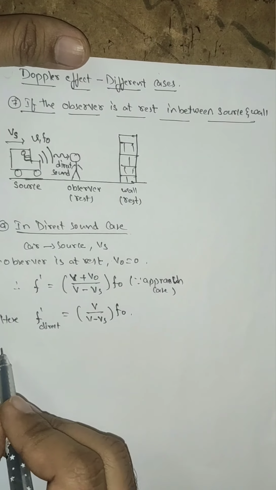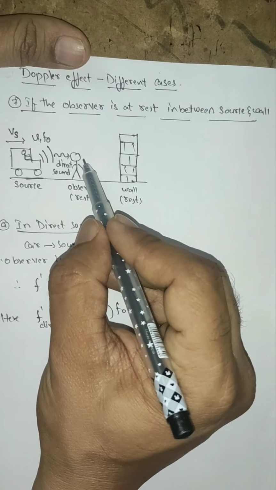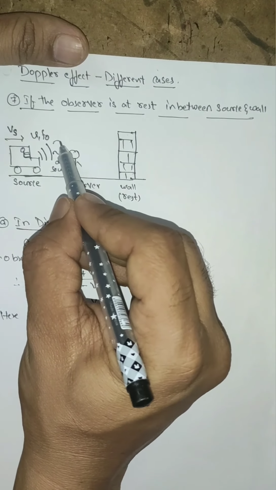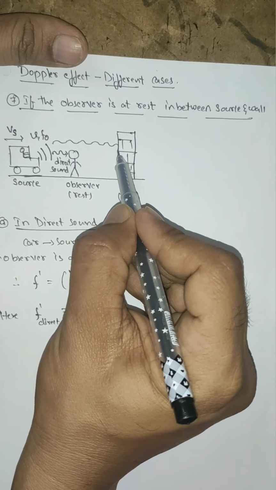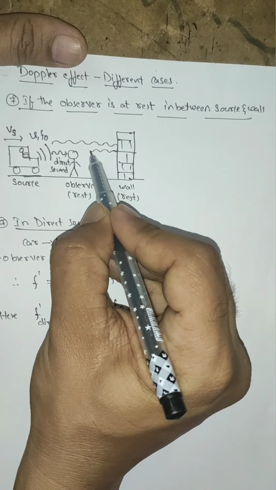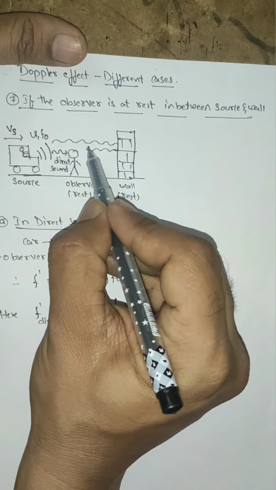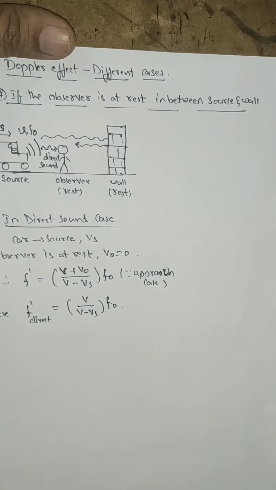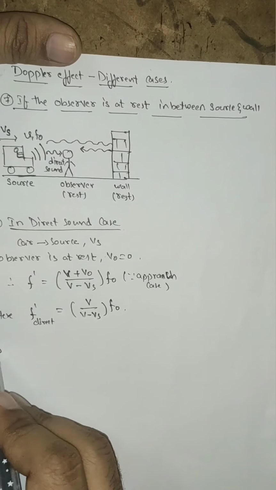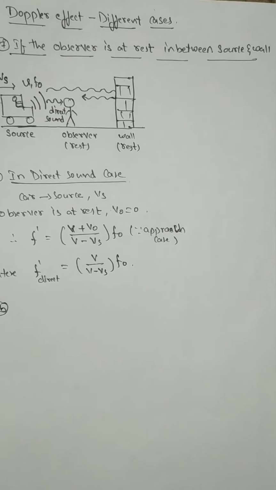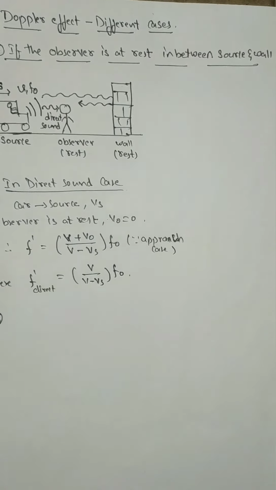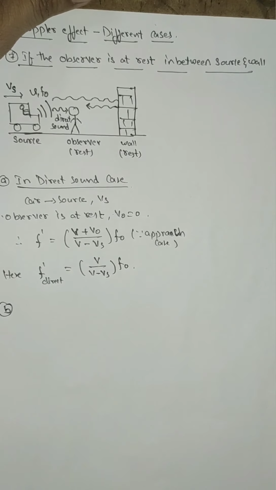Okay, now here the sound is traveling towards the wall also, and then it is reflected, and the reflected sound is heard by the observer. So what is the frequency of the reflected sound received by the observer, right?